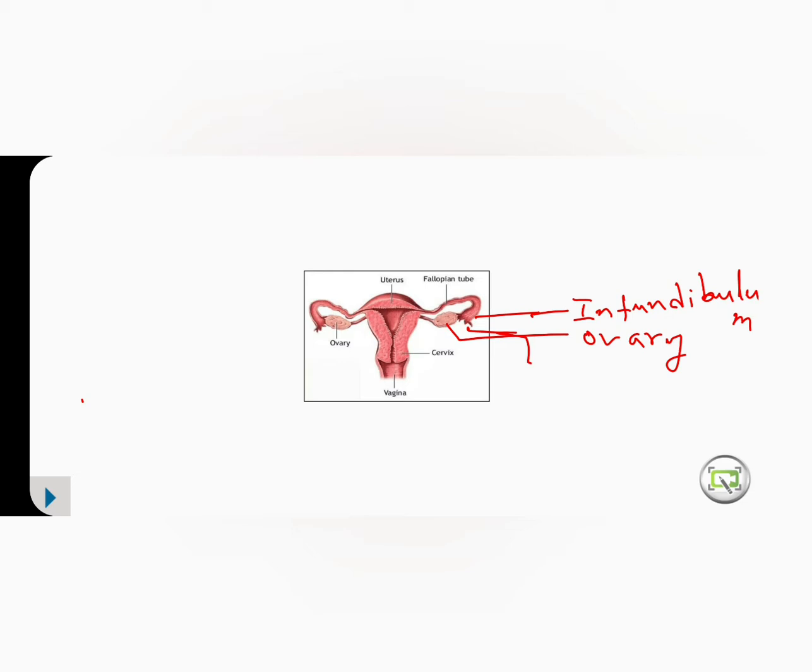This infundibulum is continued as a duct-like structure which is called fallopian tube. And these fallopian tubes from either side open into a sac-like structure which is called uterus.